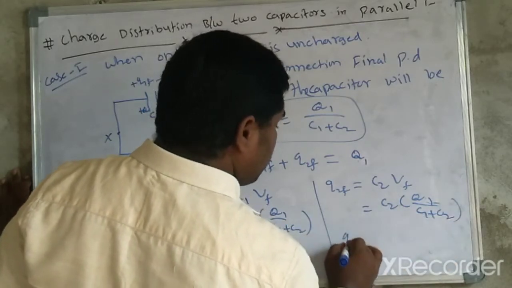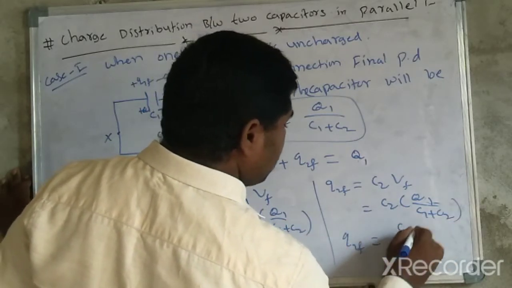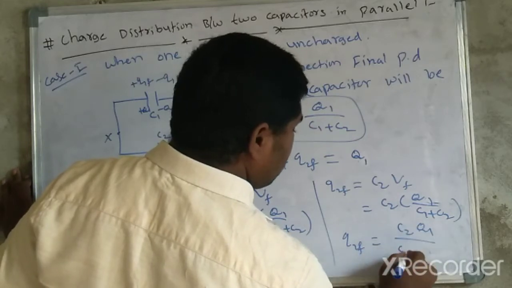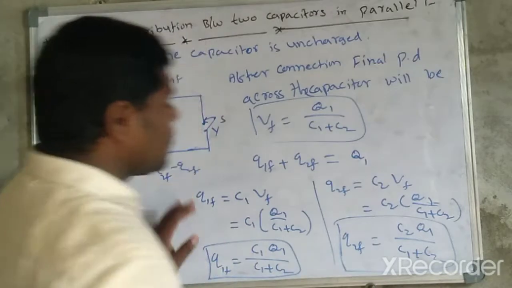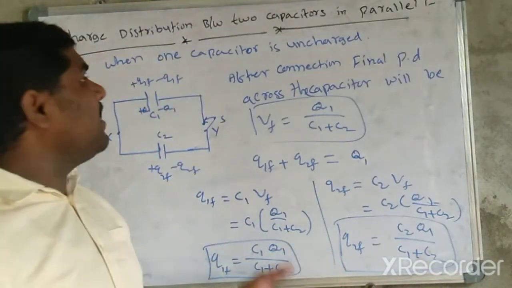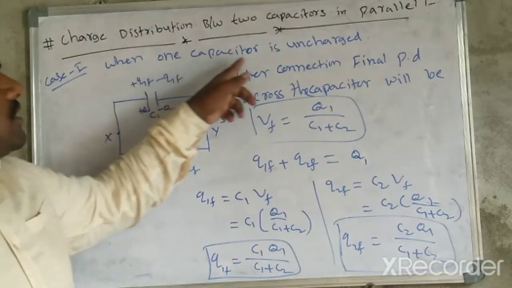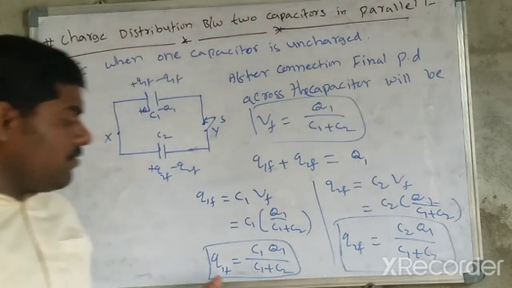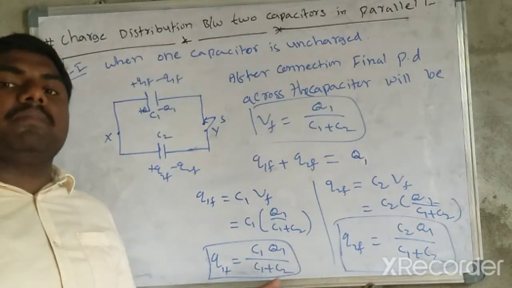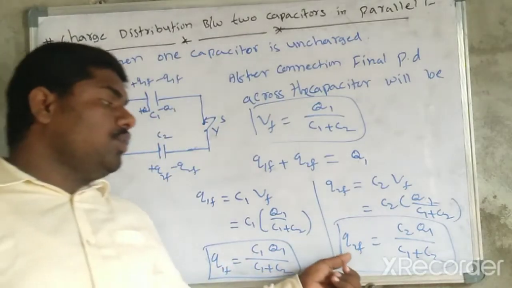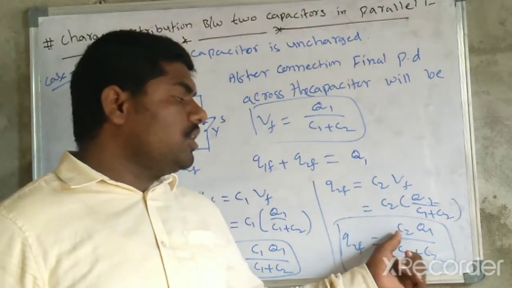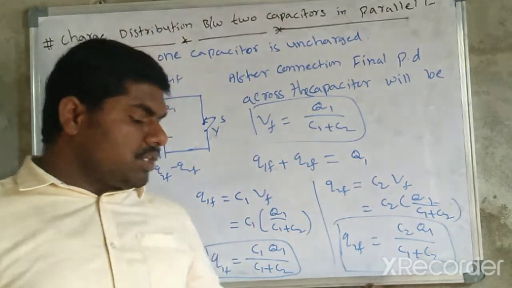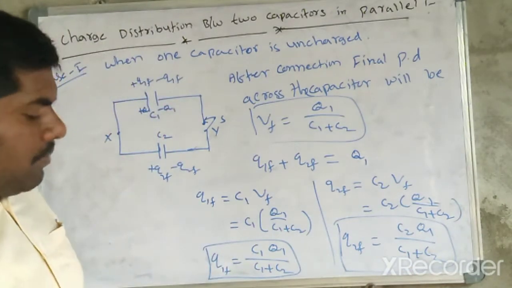So Q2 final is equal to C2 Q1 divided by C1 plus C2. This is the first case: whenever one capacitor is uncharged, Q1 final is equal to C1 Q1 by C1 plus C2, and the second capacitor's final charge Q2 final is equal to C2 Q1 by C1 plus C2. You may remember this.